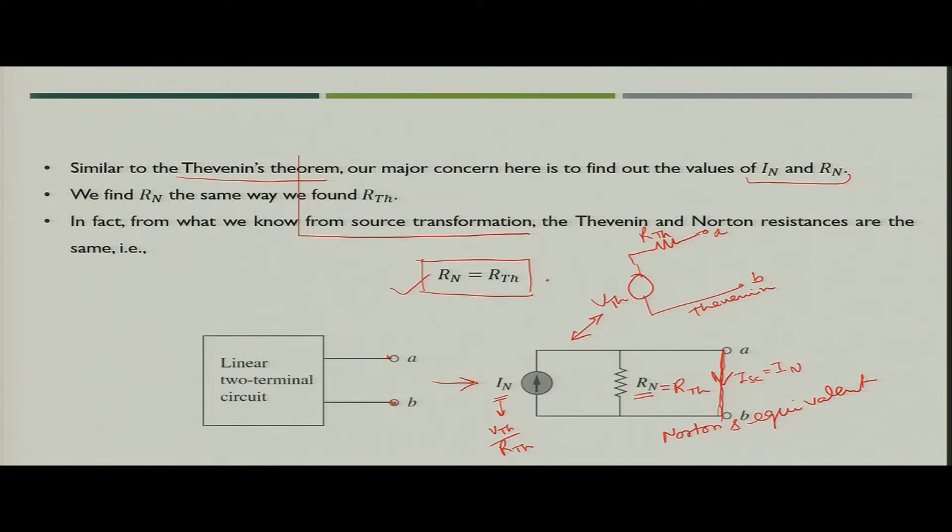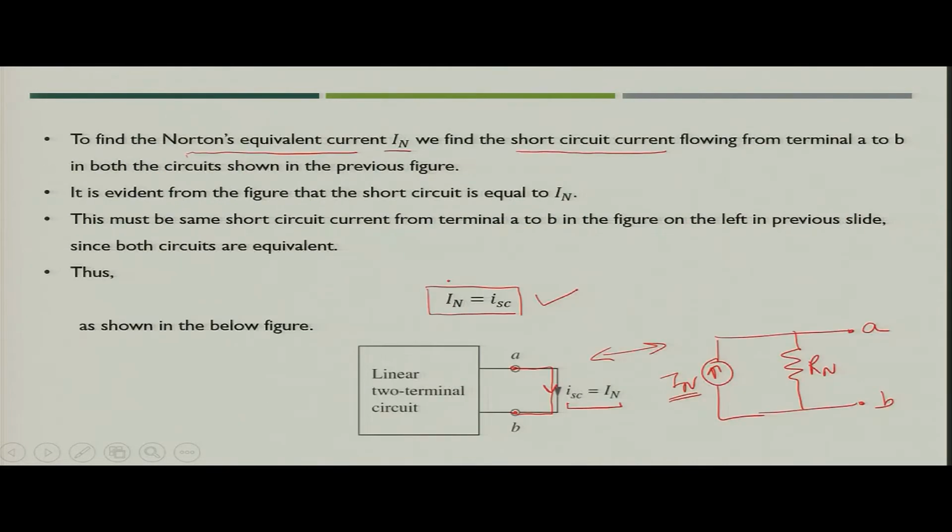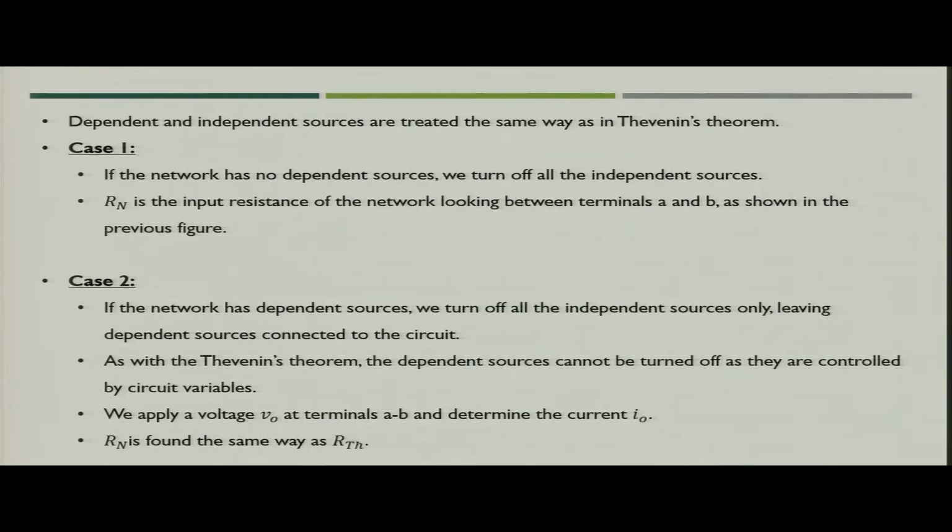We can utilize the same technique which we utilized while discussing Thevenin's theorem to find the value of Norton's resistance. As we discussed in case of Thevenin's theorem, in this case also you will have two cases to find the value of Norton's resistance. The first case is when the network contains no dependent source. In that case, we simply turn off the independent sources.